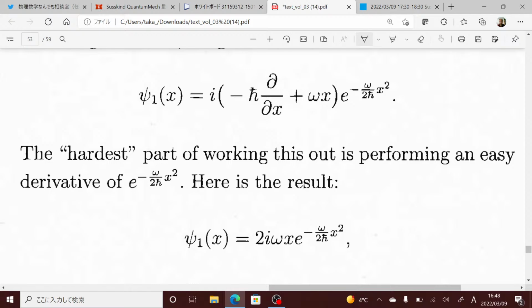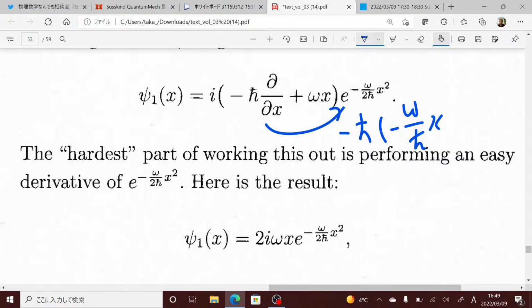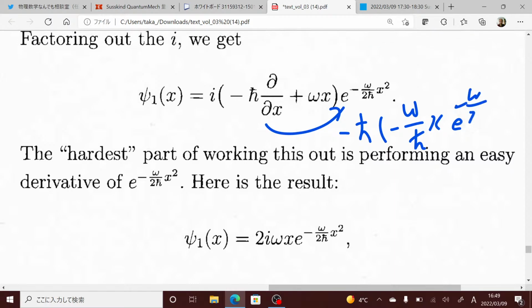Anyway, you can see this. You apply this, so you have minus h bar, then minus h bar omega x times exponential minus omega divided by 2 h bar x squared.